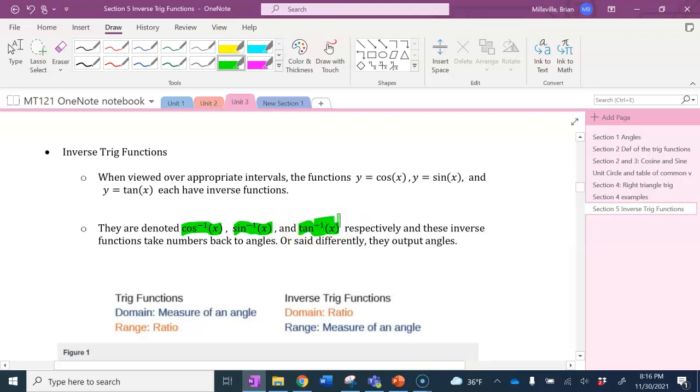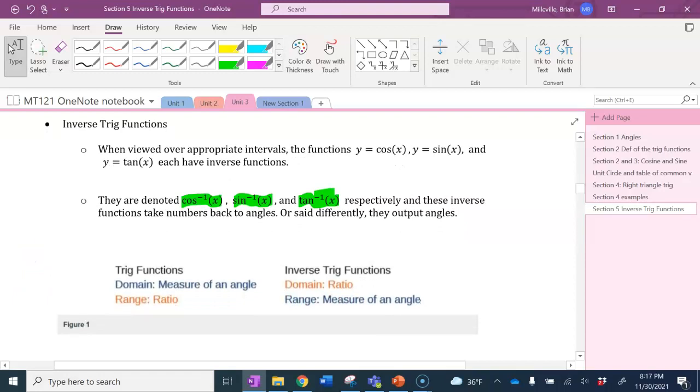The main thing we want to know about those is that, again, inverse functions return the outputs back to the inputs. If we think about the right triangle interpretation of trig functions, the original functions input angles and return numbers or ratios.